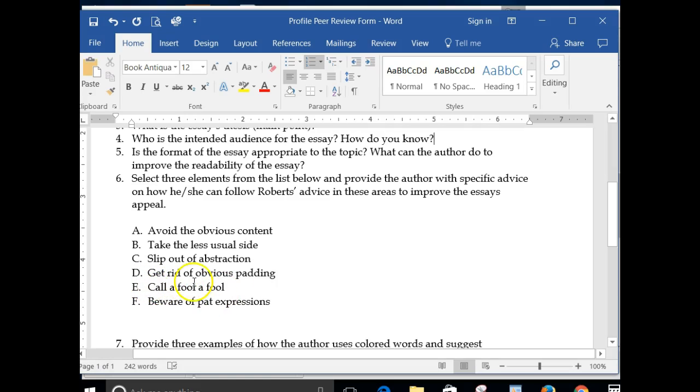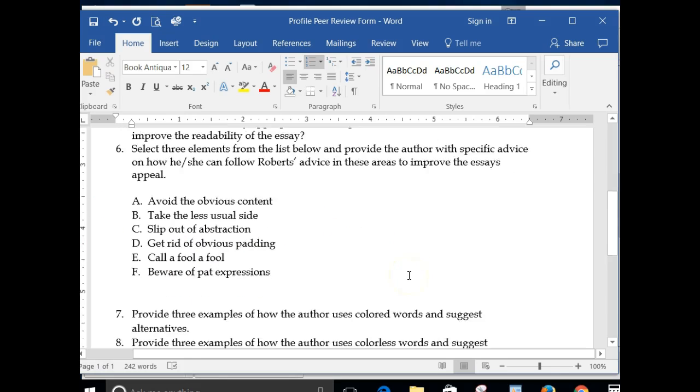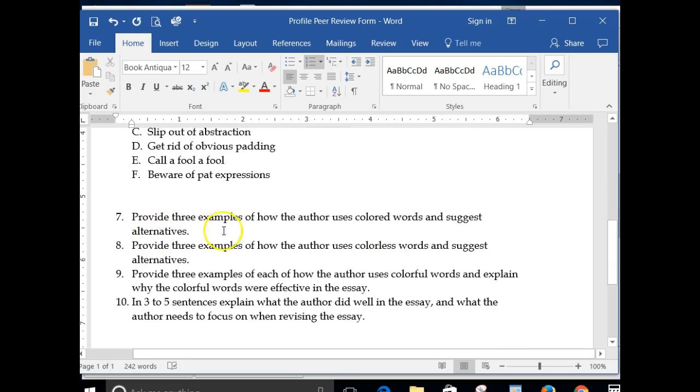Give them some advice based on what they have written and Robert's suggestions to help them improve their essay. So that's your job with that. And this really, 6 is the biggest part of this peer review and the part that should probably take you the longest. 7 says provide 3 examples of how the author uses colored words and suggest alternatives.